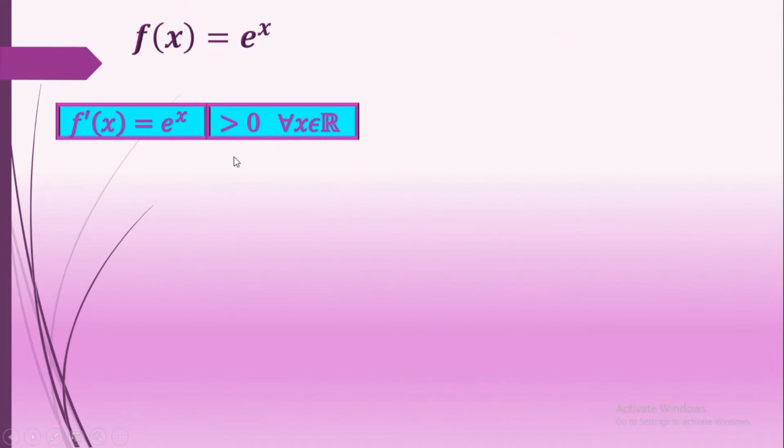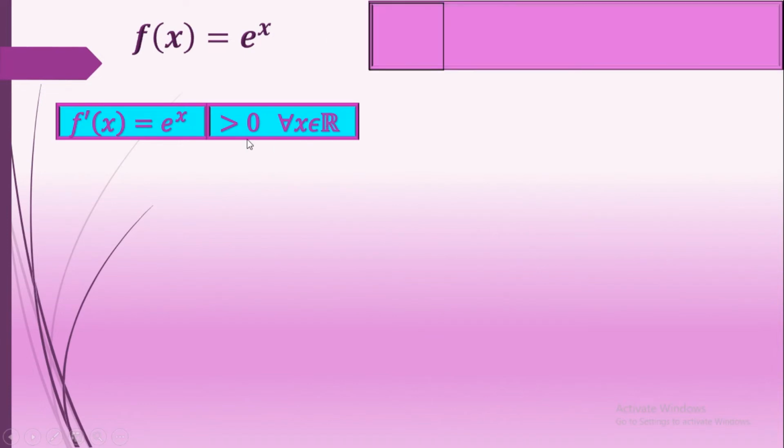Well, let's make a study of variation and a table of variation for this function. If we take f of x equals exponential x, note that f prime of x is equal to exponential x also. It's positive for every x belongs to R. Now what about the table of variation? Here x varies from minus infinity to plus infinity.